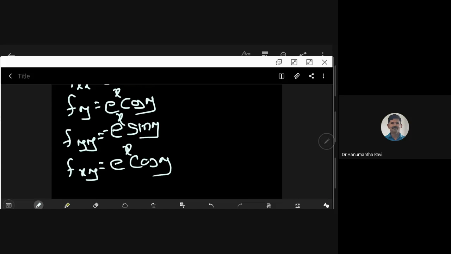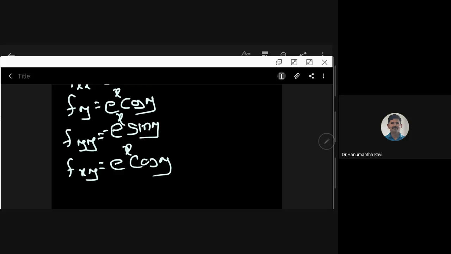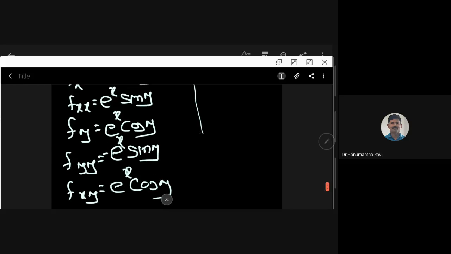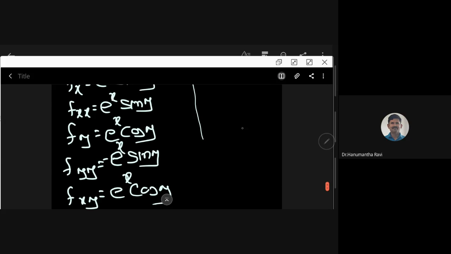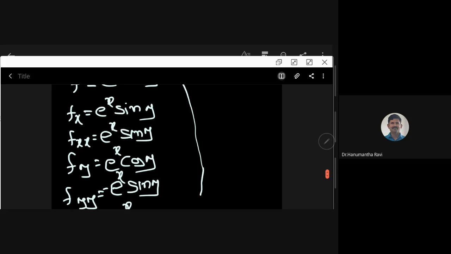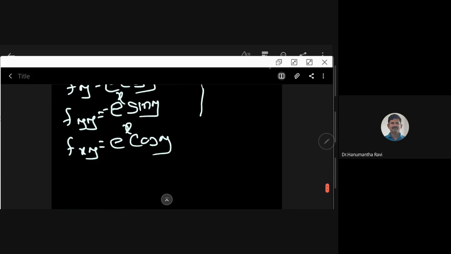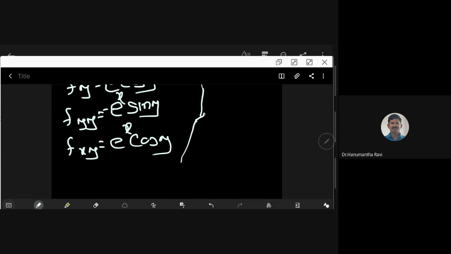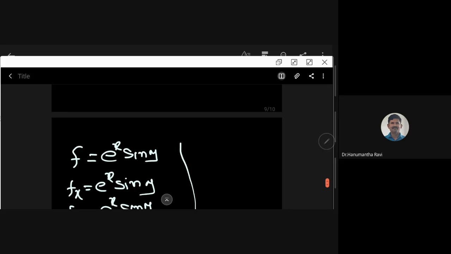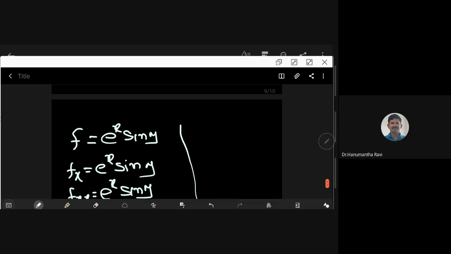After writing this, you simply calculate at 0, 0 what are these values. So at 0, 0, that is at x,y is 0, 0, what is this value we are writing?